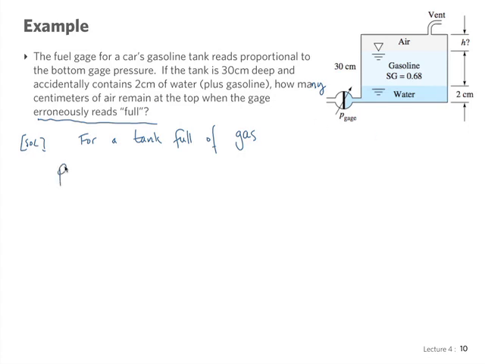So the pressure at the gauge for a full tank is equal to the specific weight of gas multiplied by h, well, the full height of the tank, which is given. So we can calculate this. We're given the specific gravity of gasoline, so we can use specific gravity of gasoline and multiply by the specific weight of water.